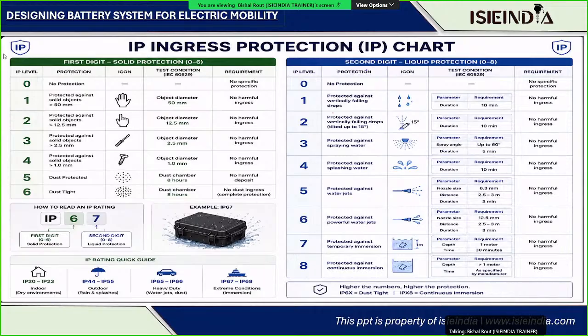Now you will ask me, sir, 3 lakhs to 15 lakhs, if we go for homologation, why is the cost so high? Because multiple destructive tests are required on your battery. Sometimes what happens, you send a sample to ARAI, they destroy that sample, then they ask you to send the sample again.